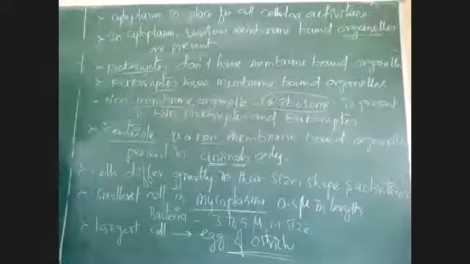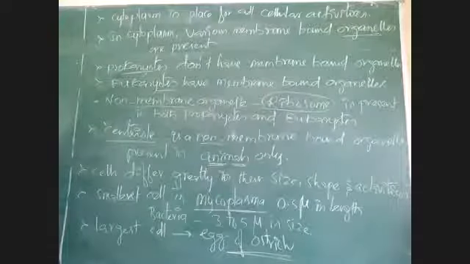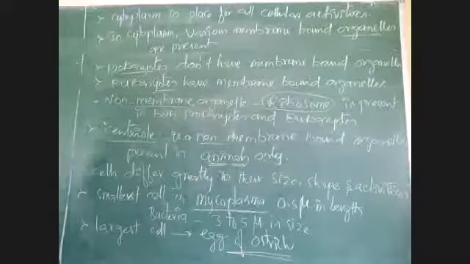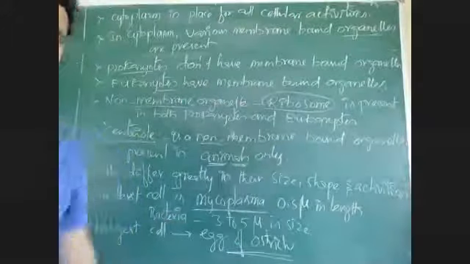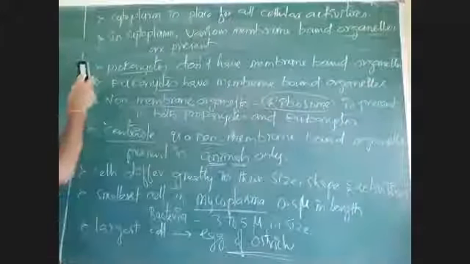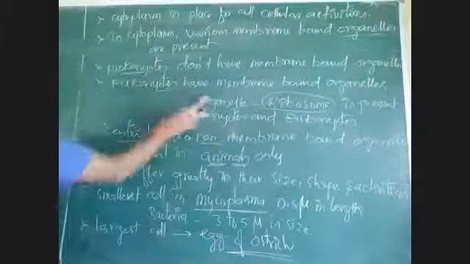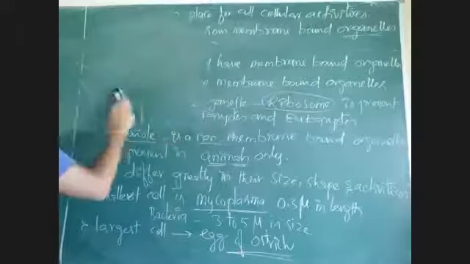The largest cell on earth is the egg cell of ostrich. Okay, right. Up to this point, I am erasing. If anyone is slow in copying, you can copy from the bottom.